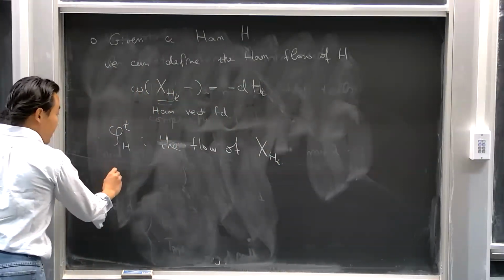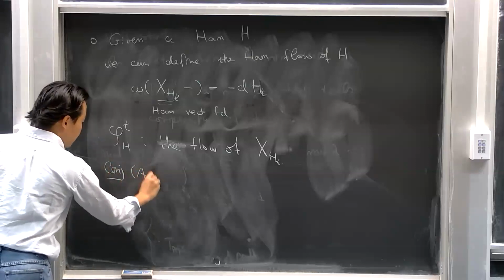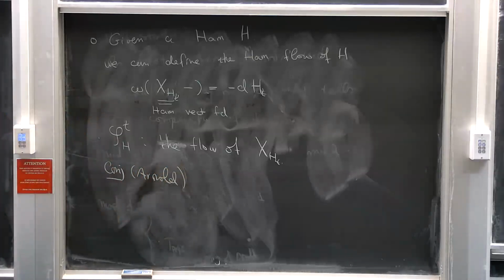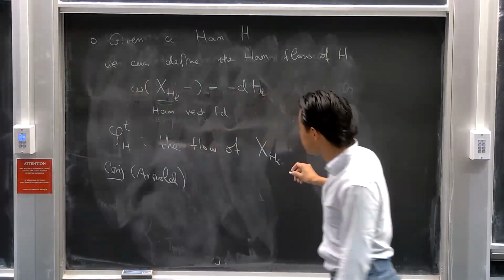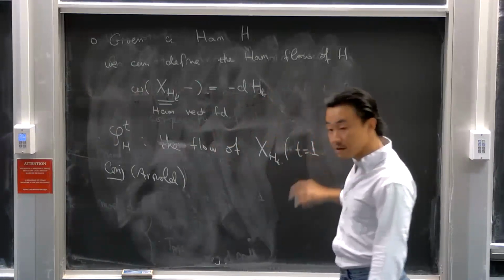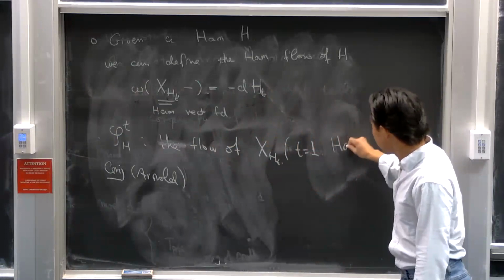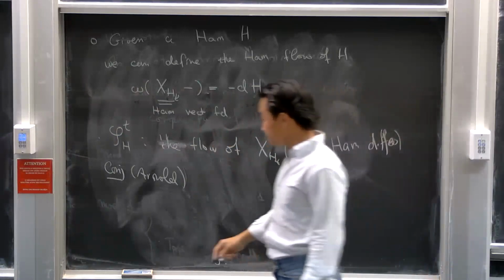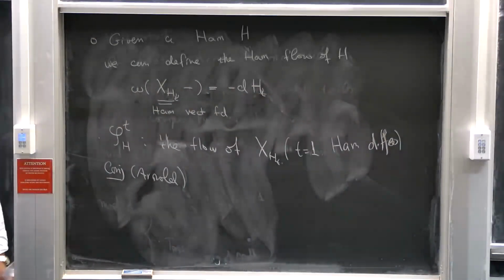And there was a conjecture by Arnold. I forgot to say something: the time one flow is called the Hamiltonian diffeomorphism. And Arnold conjectured that this Hamiltonian diffeomorphism should have a lot of fixed points.